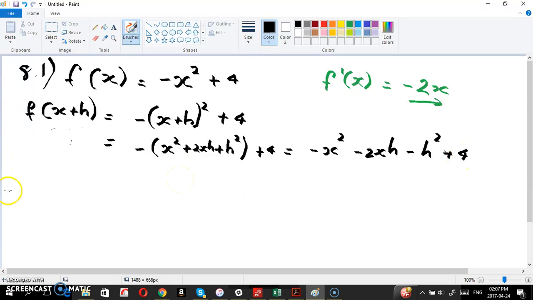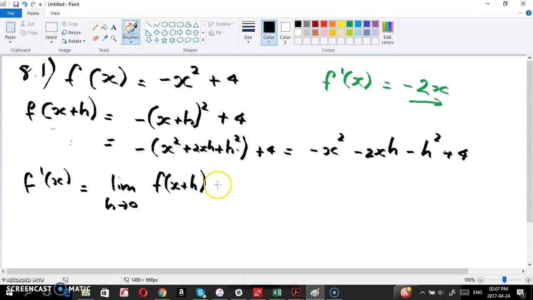Now, just to refresh your memory, the way to calculate the derivative from first principles is that f dash of x, which is the derivative, is the limit as h tends to 0 of f at x plus h minus f at x, divided by h.